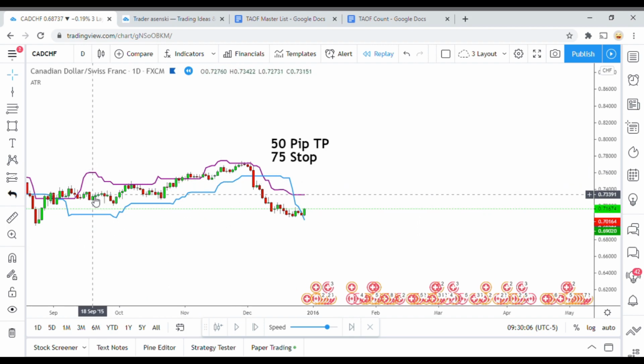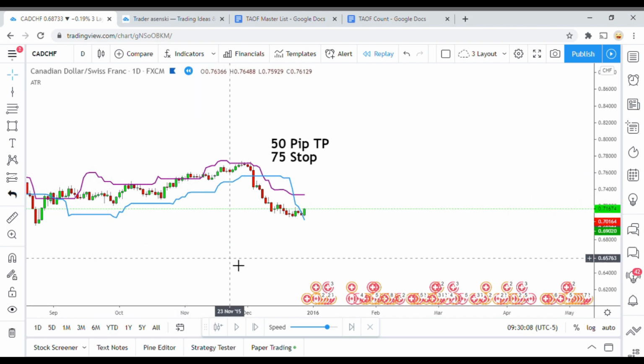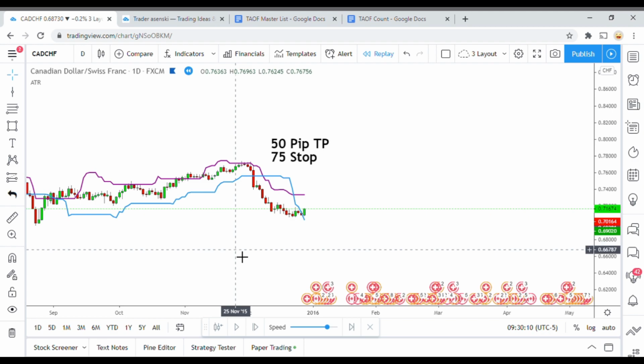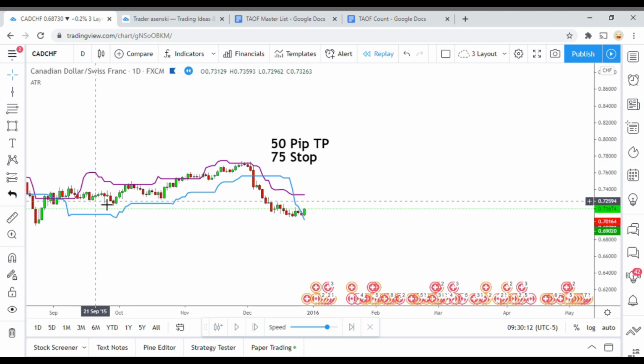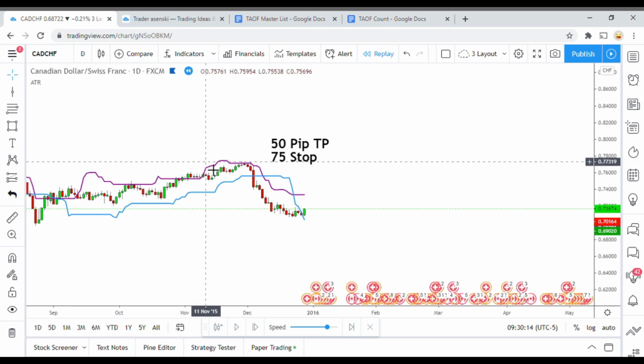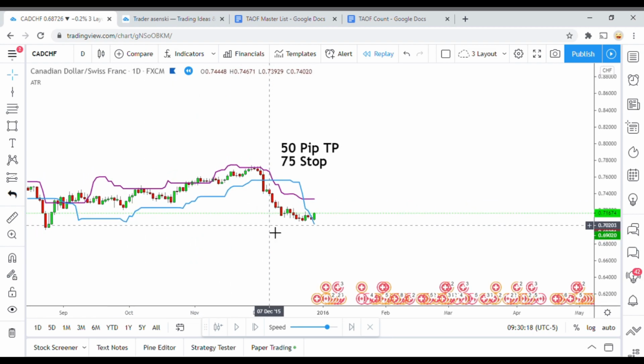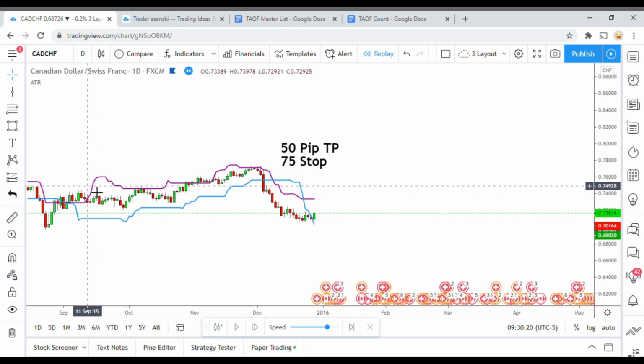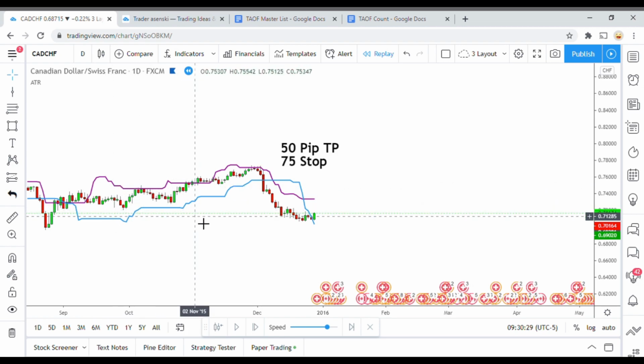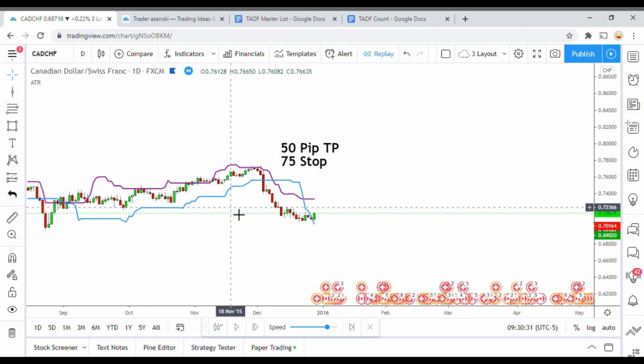As the name implies, it is the ATR, the average true range, high and low, the high and low range. And so in my opinion, it creates an average true range support and resistance channel.